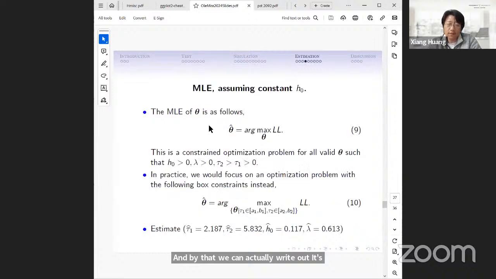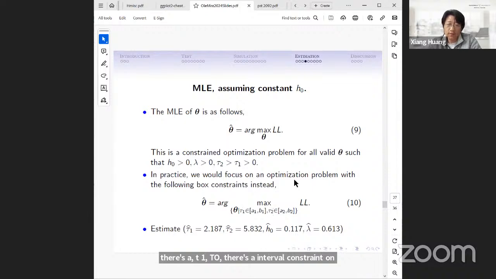Then we can use the MLE to optimize over this theta space and get the MLE in this model, supposing there is an interval constraint on these two transition period endpoints, tau 1 and tau 2.